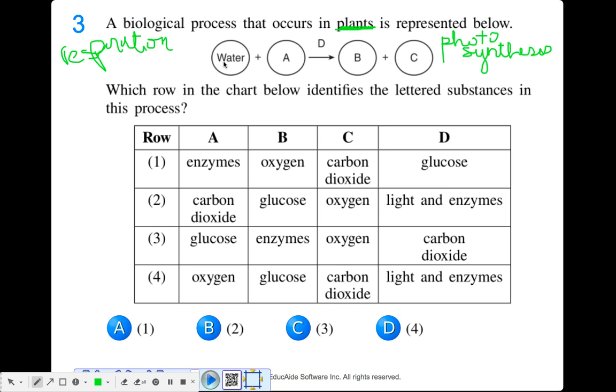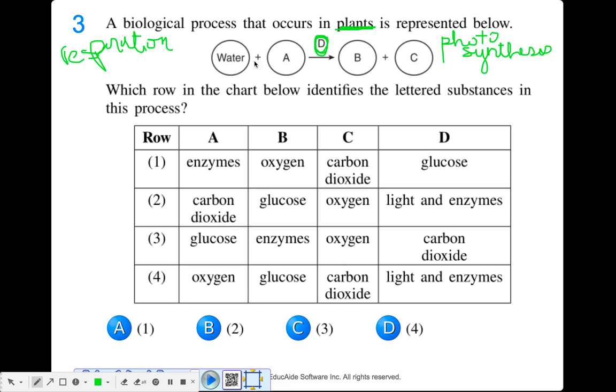Let's see, we're using water. If we're using water, we're taking in water. We're taking in something else, and we're producing two things. Let's go through. Let's see, if we have water and enzymes in the presence of glucose, something that's written above the arrow is something that helps it along, but it's not necessarily an ingredient.